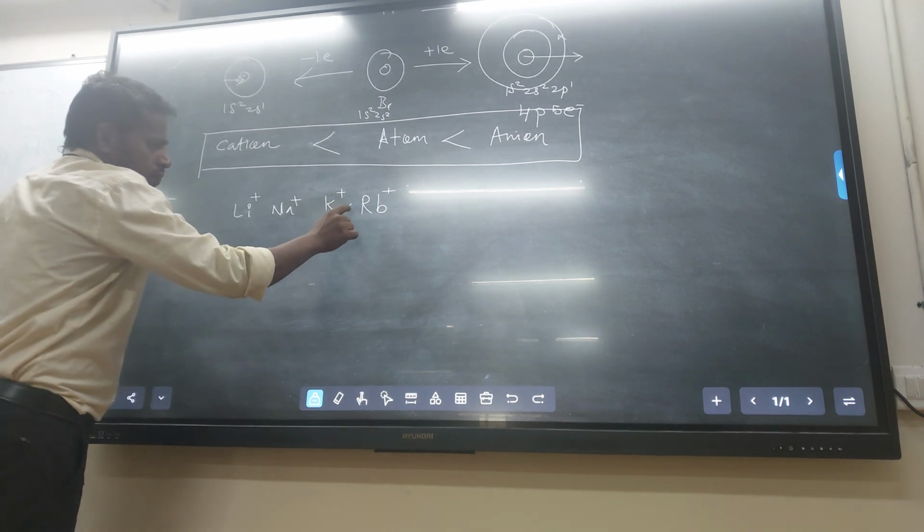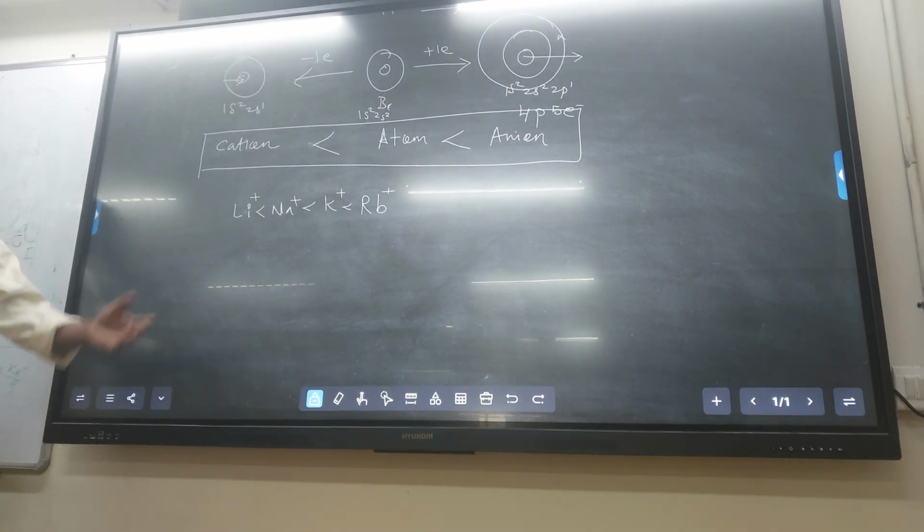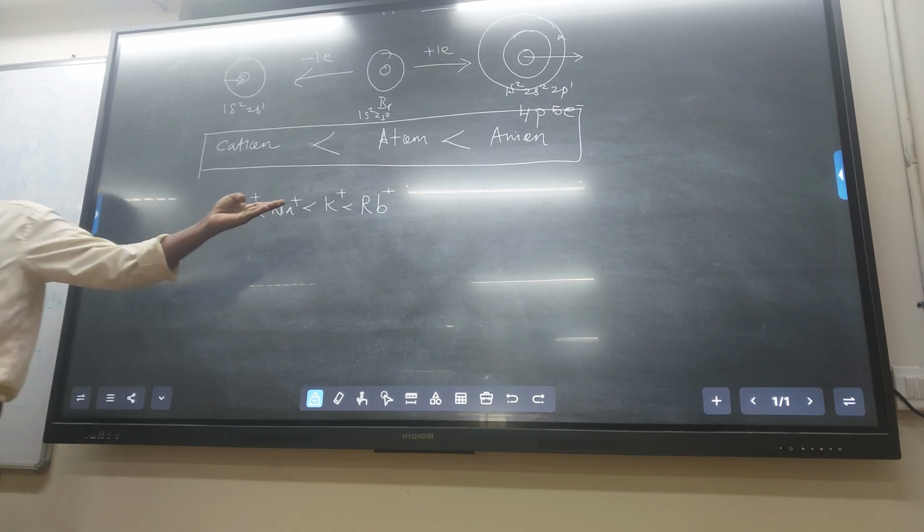Rubidium, okay, then potassium and sodium, because this general trend is followed: from top to bottom, atomic radius increases. These are alkali metals.